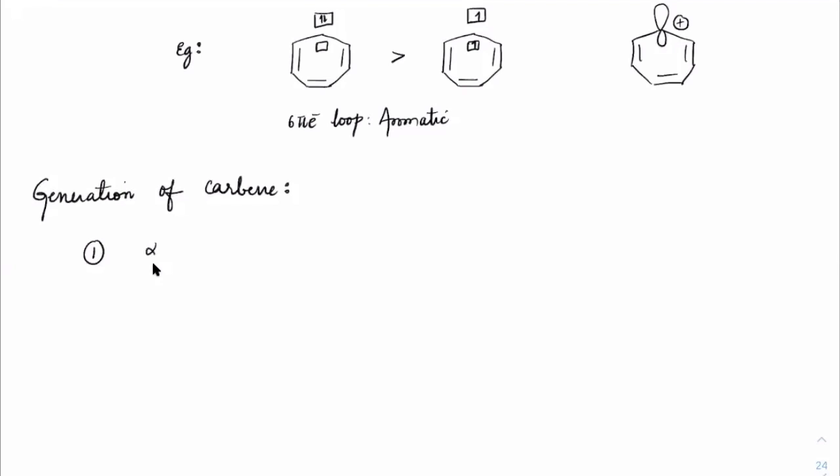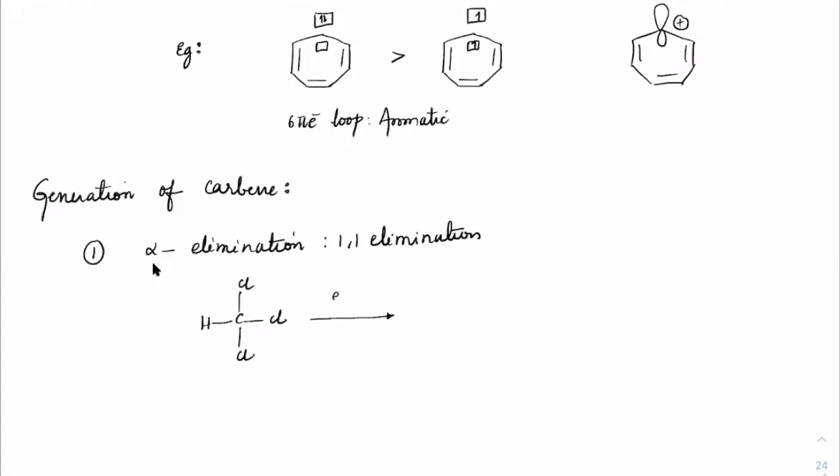To generate a carbene molecule, what we can do is alpha elimination, which is also known as 1,1 elimination. For instance, if I take chloroform, Cl, Cl, Cl and H, and when you treat that with a strong base like EtO minus K plus, this EtO minus is a very strong base.